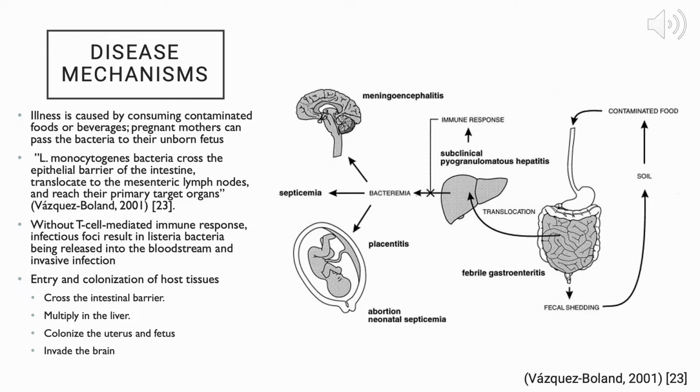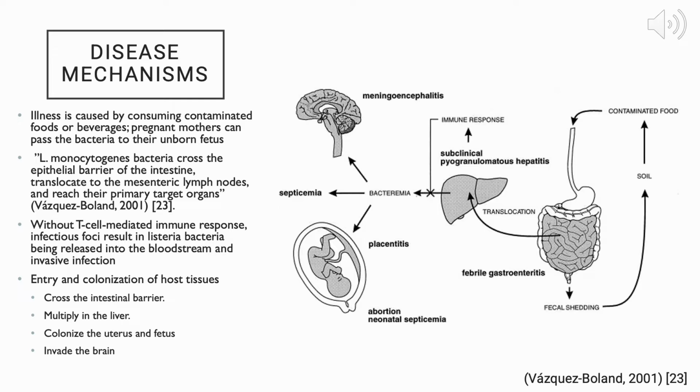Disease mechanisms of Listeria monocytogenes. Illness is caused by consuming contaminated foods or beverages. Pregnant mothers can also pass the bacteria to their unborn fetus. L. monocytogenes bacteria cross the epithelial barrier of the intestine. They translocate to the mesenteric lymph nodes and reach their primary target organs.